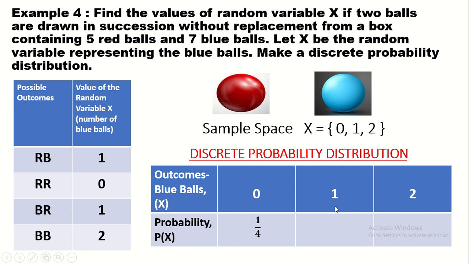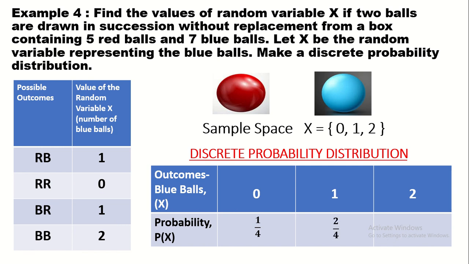Next, ilan naman ang possible outcomes na pwede tayong makakuha ng isang blue ball? So, ito siya: red, blue, at blue, red. Dito meron tayong isa, dito meron tayong isa. So, dalawang possible outcomes na may makuha tayong tig-isang blue ball. So, 1, 2. Dito, ang isusulat natin sa P of X ay 2 over 4.